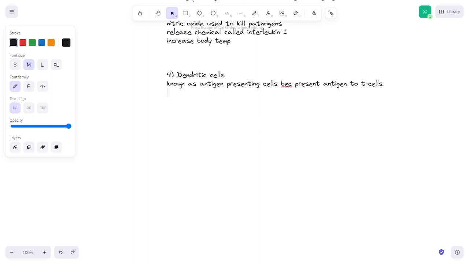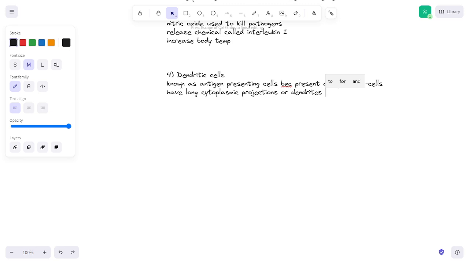They are named dendritic cells because they have long cytoplasmic projections, or dendrites, and they are activated by the inflammatory cytokines.